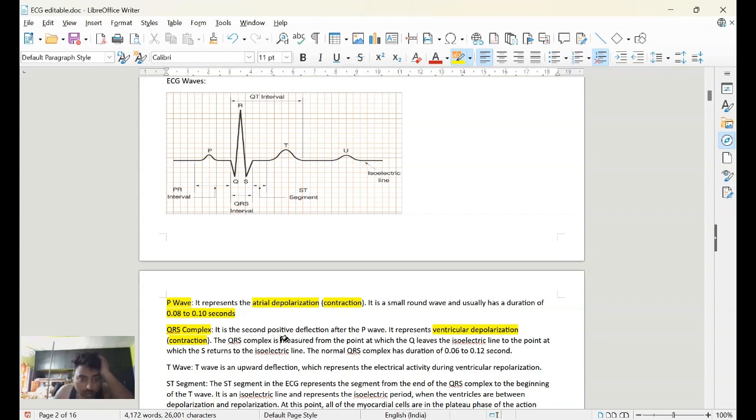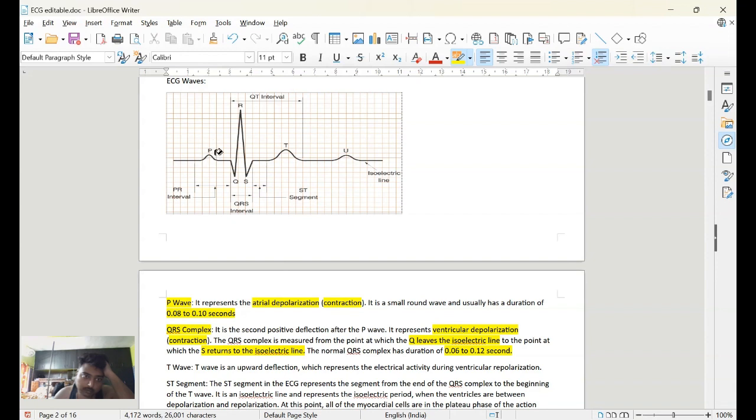In the QRS complex, we measure from the point at which Q leaves the isoelectric line to the point at which S returns to the isoelectric line. This is a normal QRS complex, and its duration is 0.06 to 0.12 seconds.